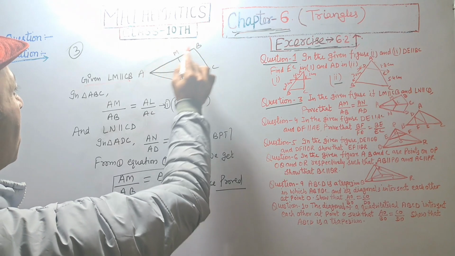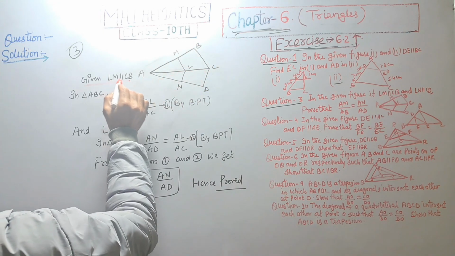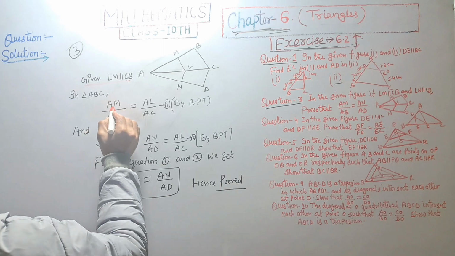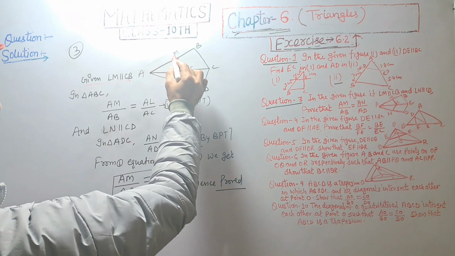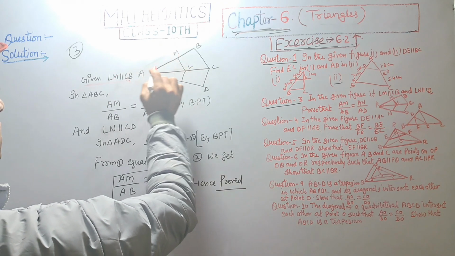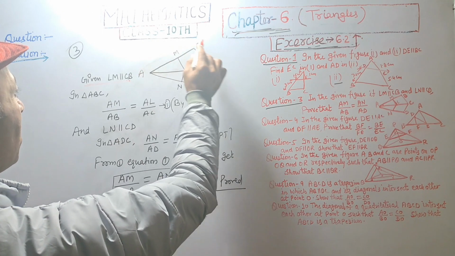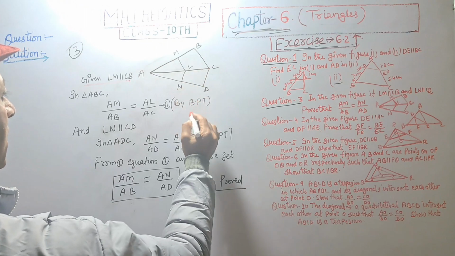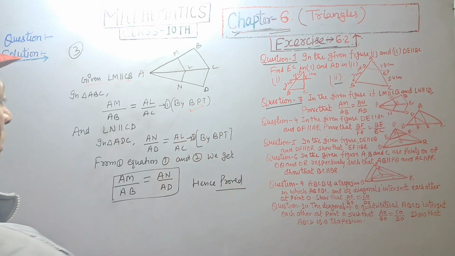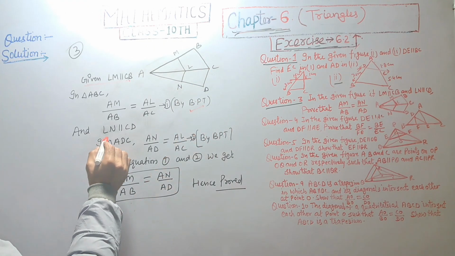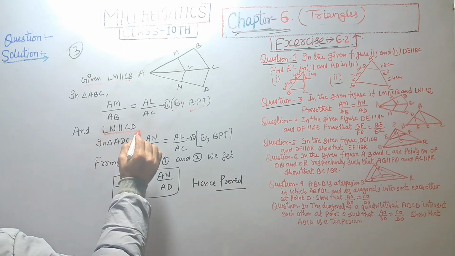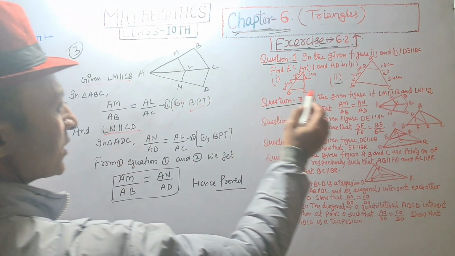In triangle ABC, LM is parallel to CB. AM upon AB is equal to AL upon AC by basic proportionality theorem. And LN is parallel to CD, it's given.